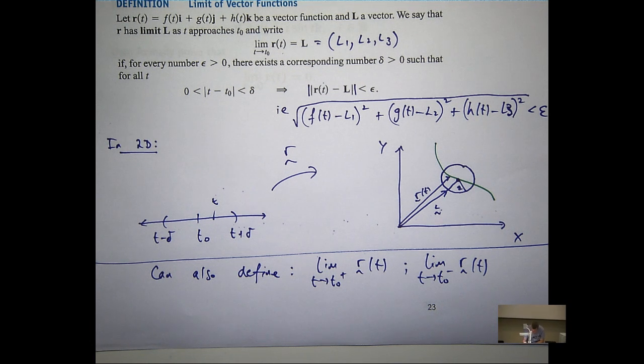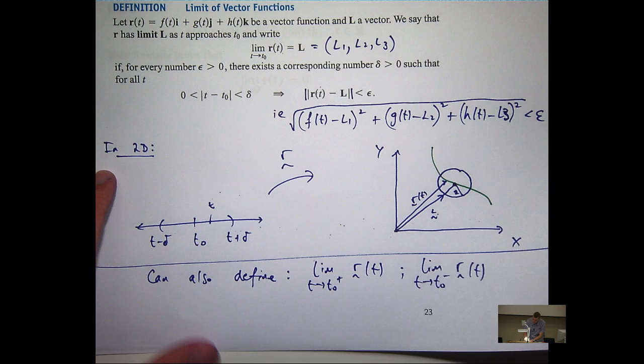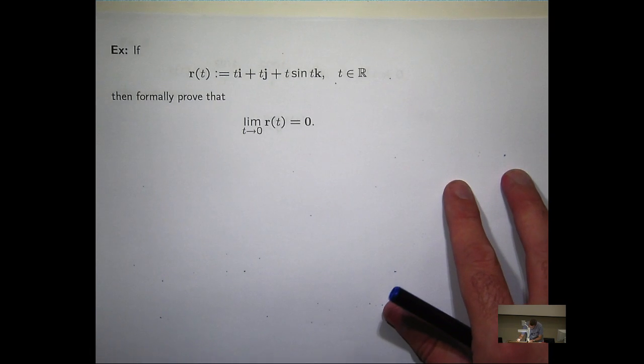But I'll leave those for you to do. Okay? Here's a good challenge. Try to think about what it means for a right-handed limit to equal some vector L, and a left-handed limit of some vector function to equal, say, a vector L. I'll leave that with you. Let's actually do a problem and see how we go.